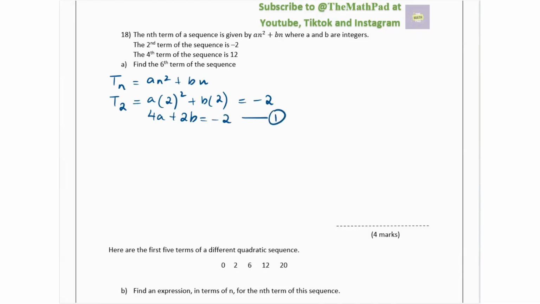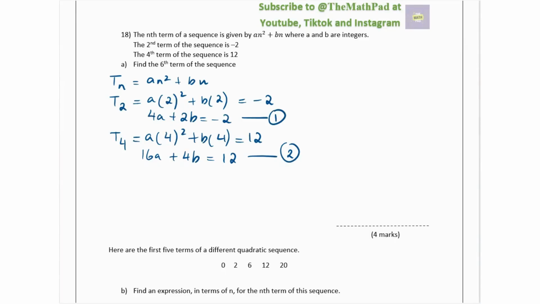That's the first equation. Then the fourth term is a times 4 squared plus b times 4 equals to 12. That's 16a plus 4b equals to 12. That is your second equation. So you can solve these two simultaneously to find the sixth term.